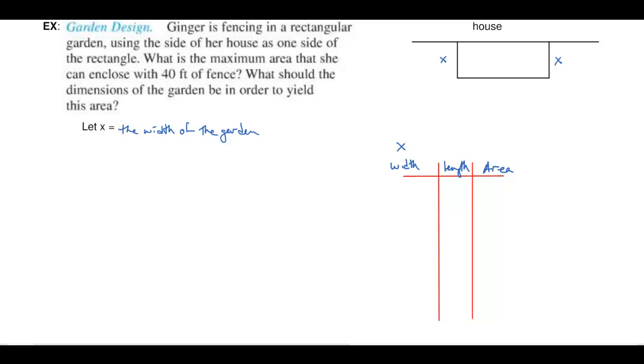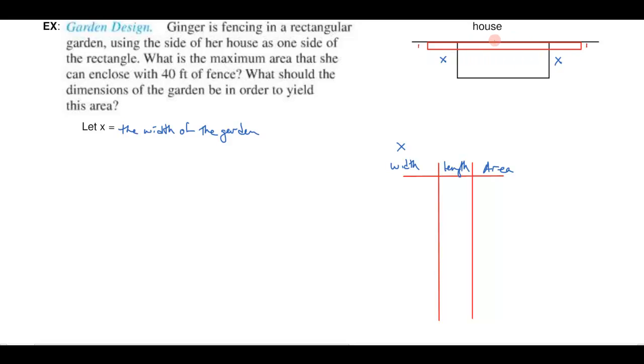Well, let's just imagine that Ginger made a rectangular garden that was like this. She wanted it really skinny, all real close to her house. And let's suppose there was 1 foot here and 1 foot here.